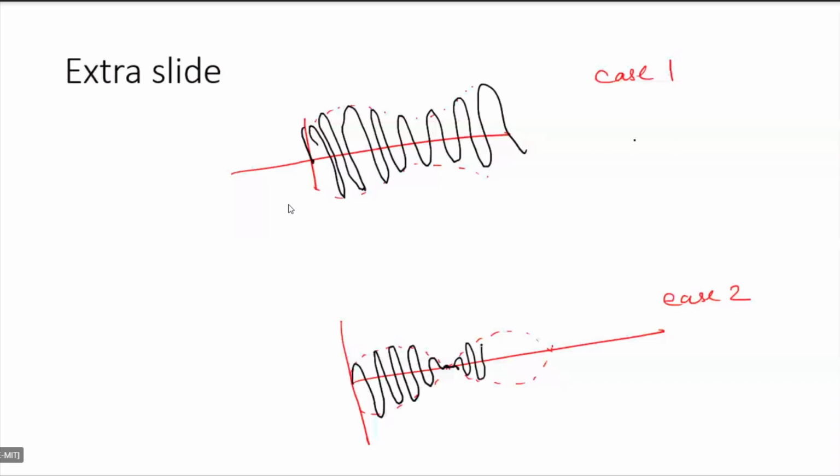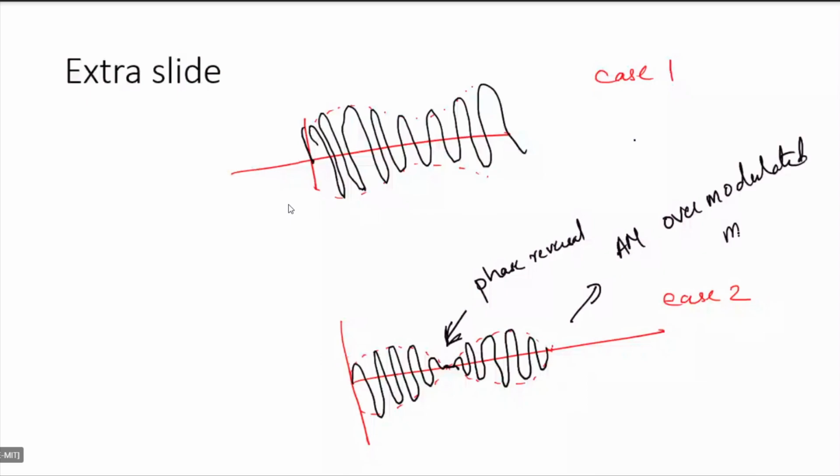See here, you experience a phase reversal for the carrier. That was just one piece of information for you. Here the carrier gets a phase reversal, that's all. But why we didn't prefer this in AM is the overmodulated AM.